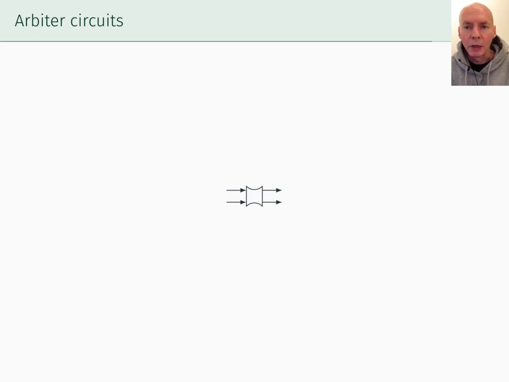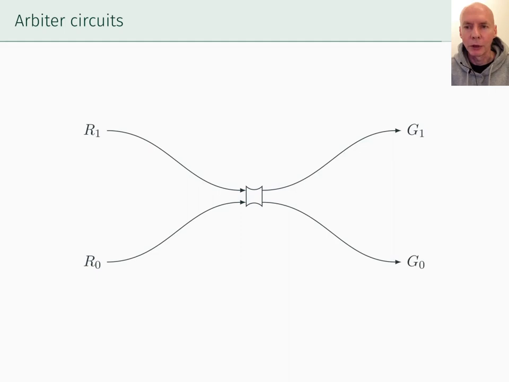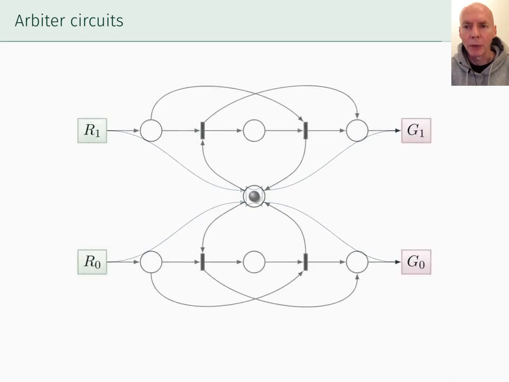Would that mean your model of an arbiter should entail its thermodynamic properties? Maybe not. Maybe all we need to know about an arbiter for our purposes is the order in which its terminals can change levels. So let's label the input terminals R0 and R1, the output terminals G0 and G1, and model the arbiter by a Petri net, because Petri nets are ideal for things like this.